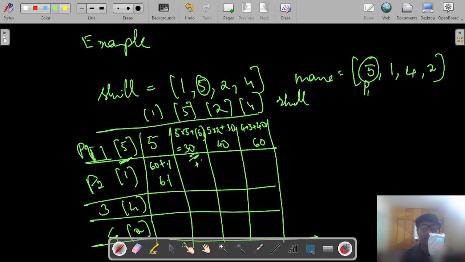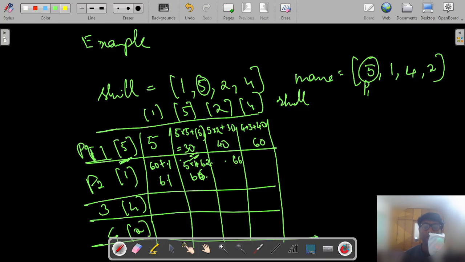And now for potion 2 to be given to skilled worker 2, it would take 5 into 1. So this will take 67. 5 into 1, it's 66, sorry.